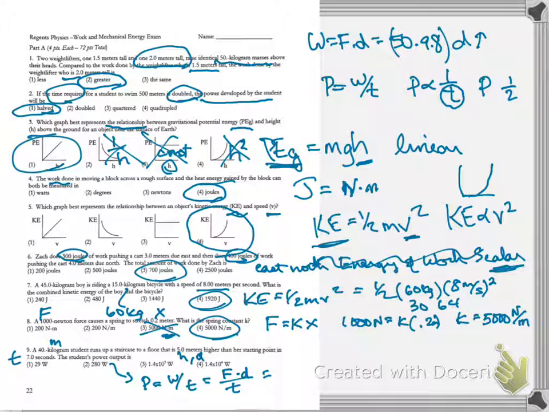The force that you apply going up the stairs is just equal to the weight. So it's mg times d over t. So it's 40 kilograms times 9.8 meters per second squared times, I think, 5 meters, if I see that correctly, divided by 7 seconds, which ends up being somewhere around 280 watts.